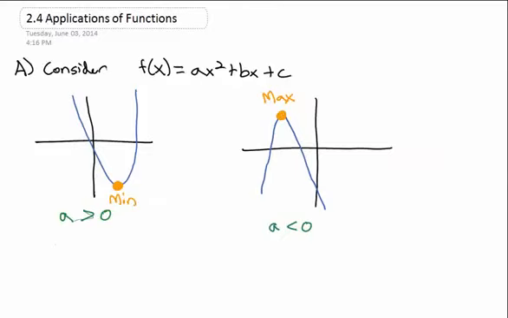That point we call the vertex, which is either the min or the max, depending on the direction of the graph.